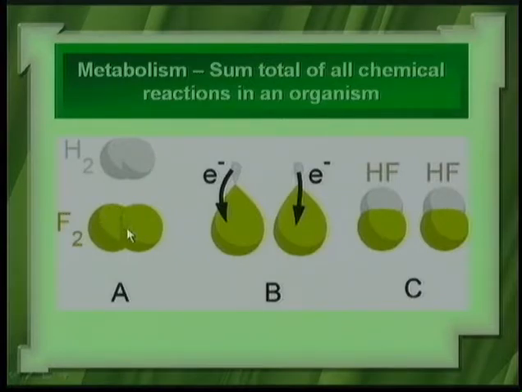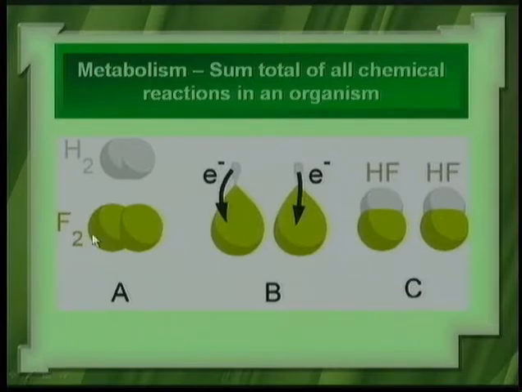You have two fluorines bonded to each other in covalent bonding. What happens is that these two hydrogen atoms each will donate an electron. So this hydrogen atom is being oxidized. It's actually losing electrons. Remember, loss of electrons is oxidation, so they're being oxidized.